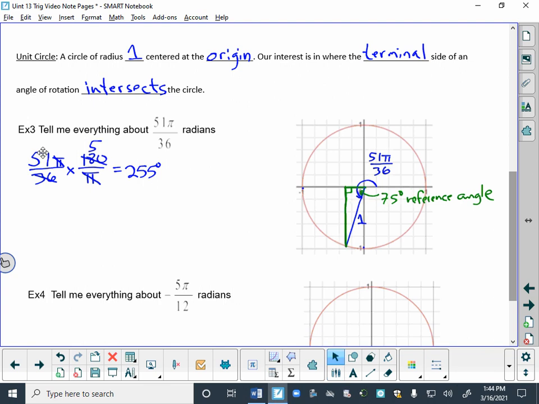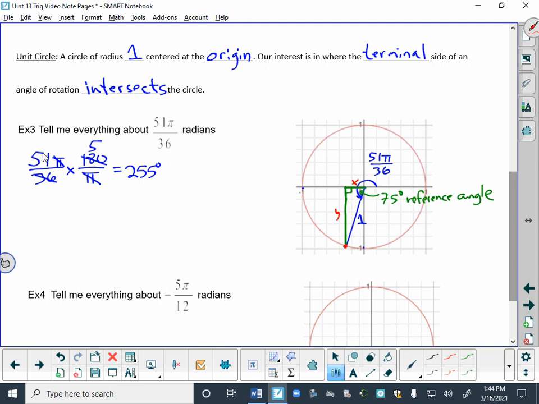What I'm interested in is, where is this point? Well, I've just drawn a right triangle in here, and I know one angle, and I know the hypotenuse, which means I could use trigonometry to find the other sides. I'll call this side x, and I'll call this side y.